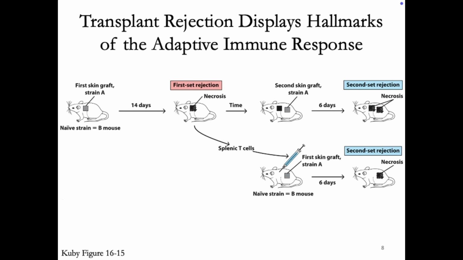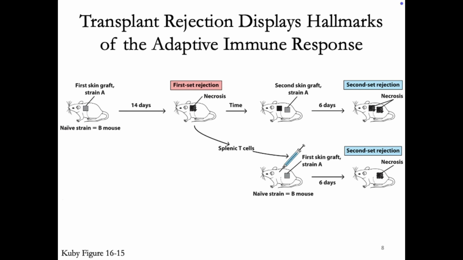What you can also do is take this mouse who has rejected this skin, and take T cells from this mouse and give these T cells to another mouse. Again, a mouse of strain B, give that mouse a strain A skin graft, and you will again see that quicker 6-day rejection.